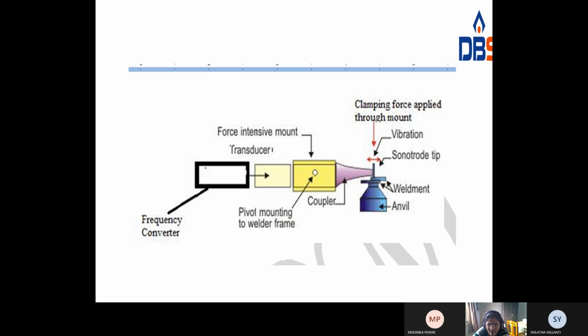This is the weldment, that is, the metal to be welded, and the anvil is the support. Here you are joining 2 work plates: you fix one plate and join the other plate. By using the vibration the metals are welded, and that's why this is called ultrasonic welding.